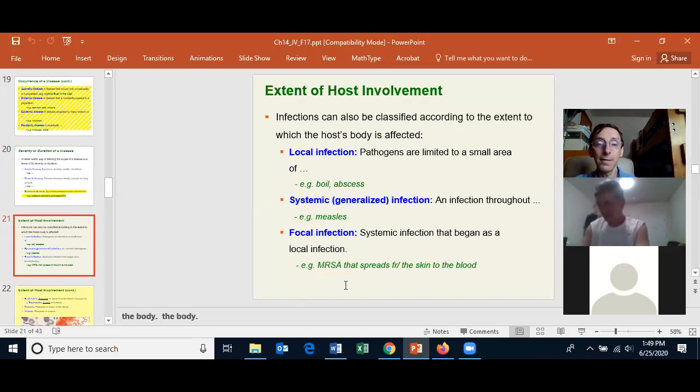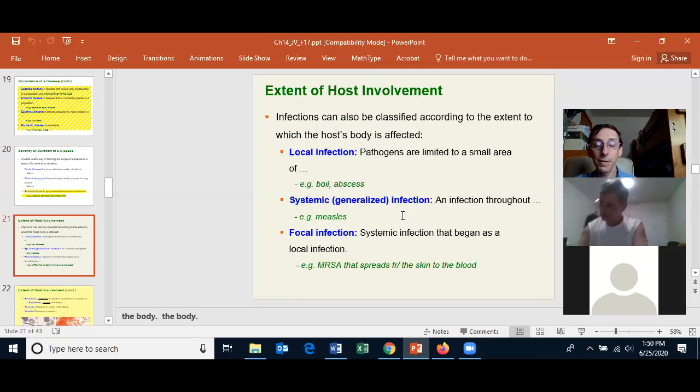Like on the skin, a local skin infection can cause a boil or an abscess, and that would be a local infection. If it's a boil, it might be caused by Staphylococcus aureus, but it's localized, only in that one area of the skin.